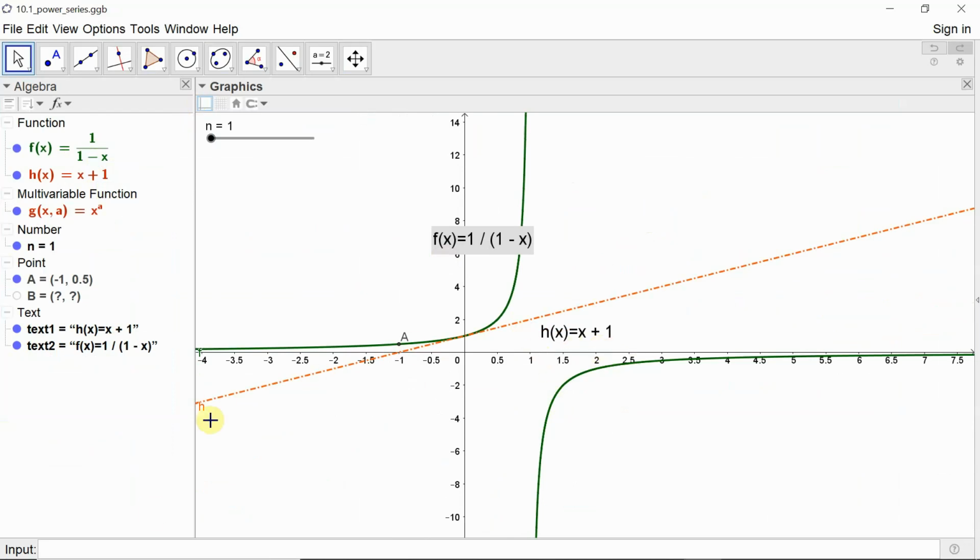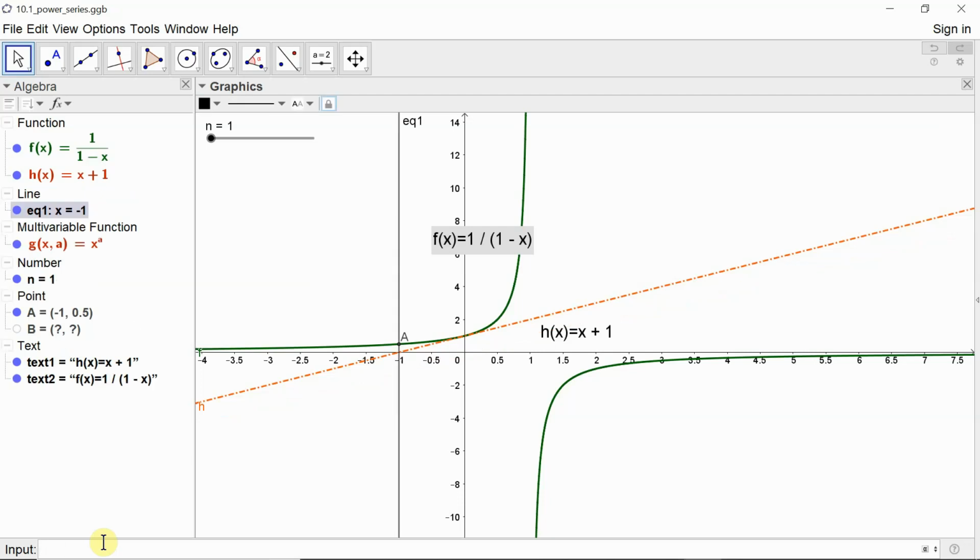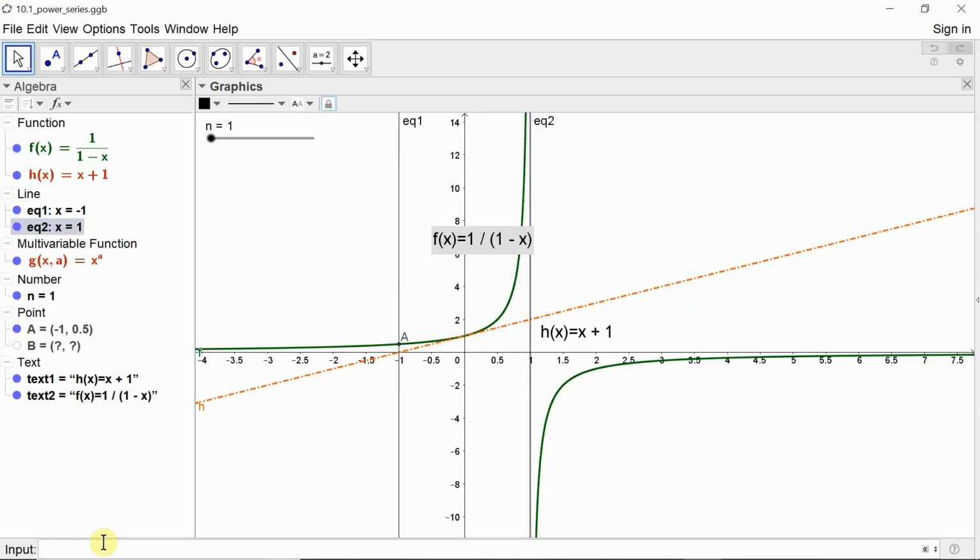Now, I want you to notice the x equals -1. Maybe I should graph it. Like, look there, and then also look here, right? I'm looking between those 2 vertical lines, because we're saying it converges on that interval.